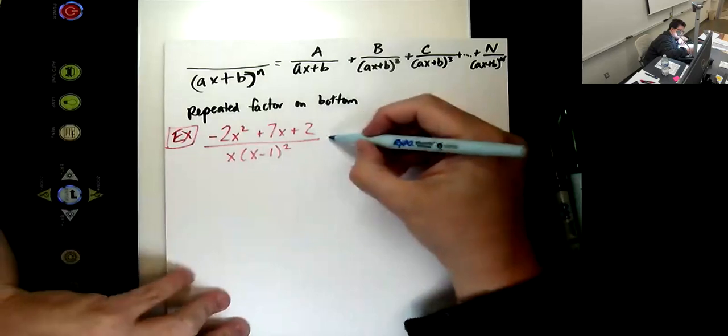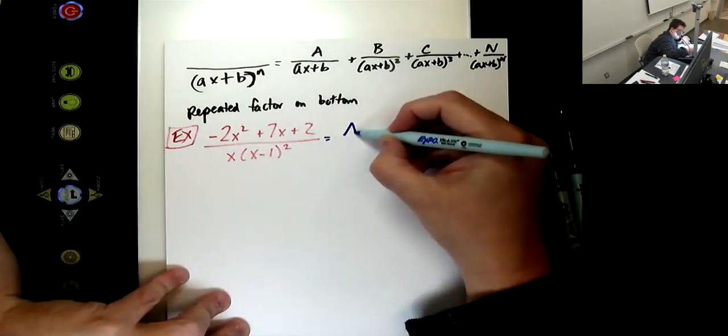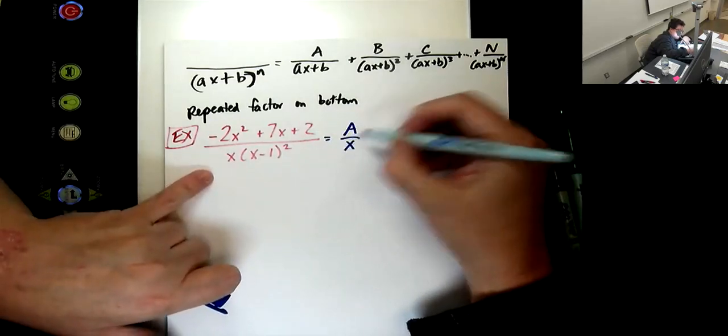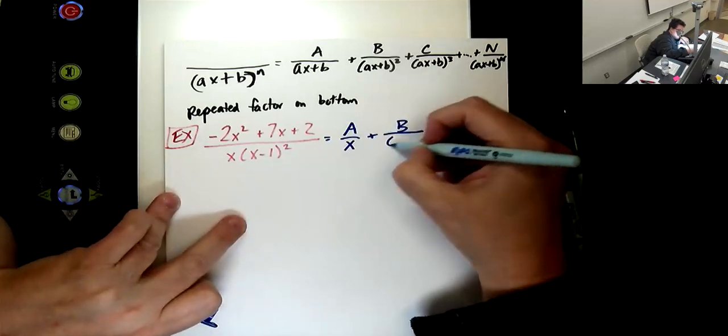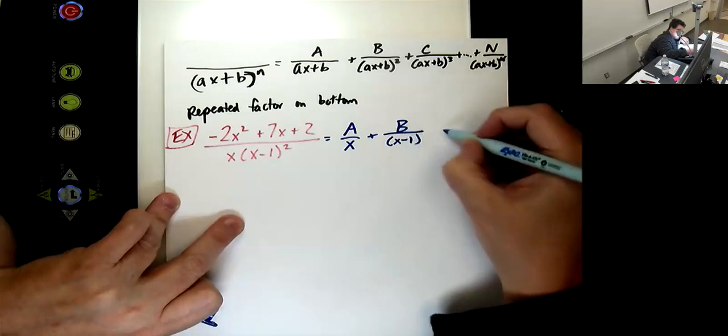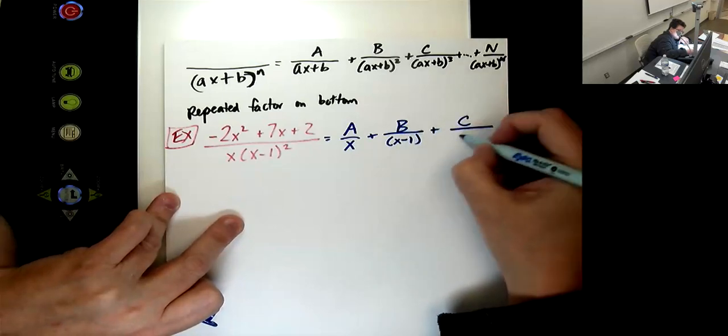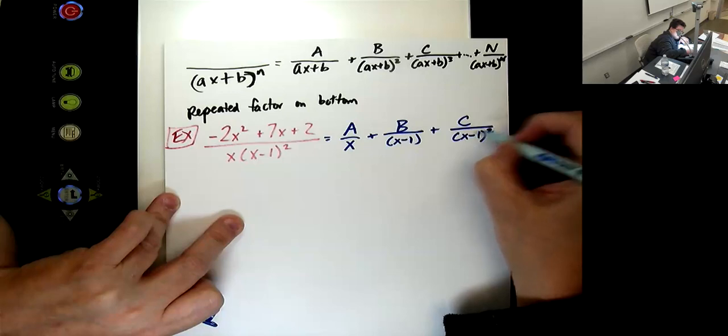So I can break this up into three fractions. I have an x term, so that's got to be one of them. And then I have my first x minus one. And I have another x minus one, so we'll do x minus one squared.